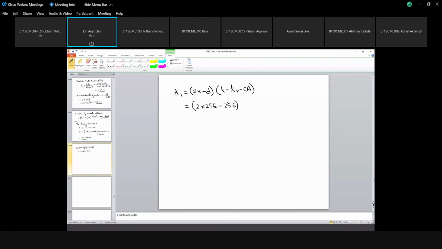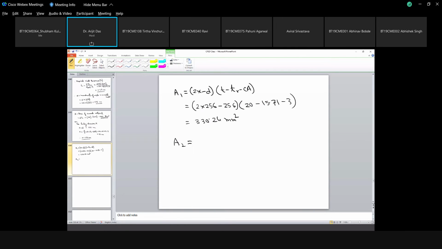So is it right? Yes, 256, 256. And 20 minus 15.71 minus 3 equal to 330.24 millimeter square.